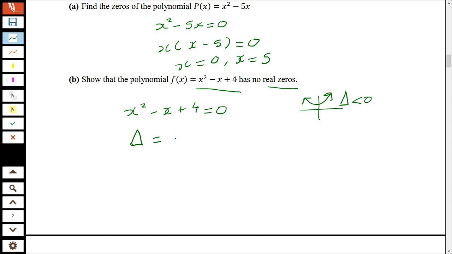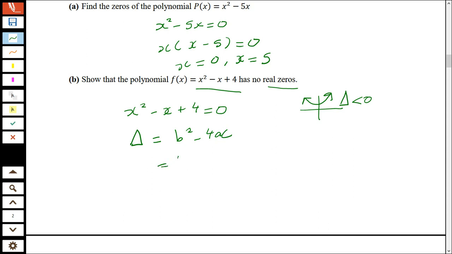So delta is equal to minus b, so that's minus -1. Sorry, that's not right, is it? Getting carried away there. Delta is equal to b squared minus 4ac.